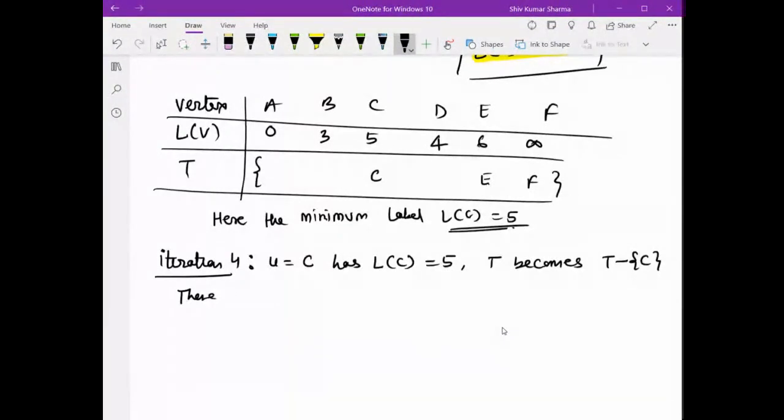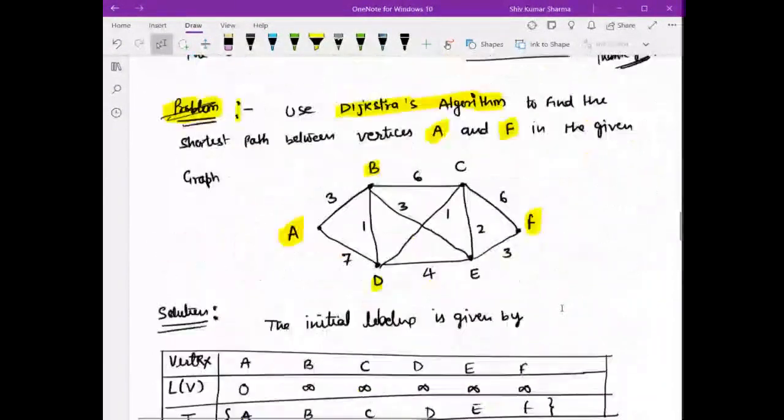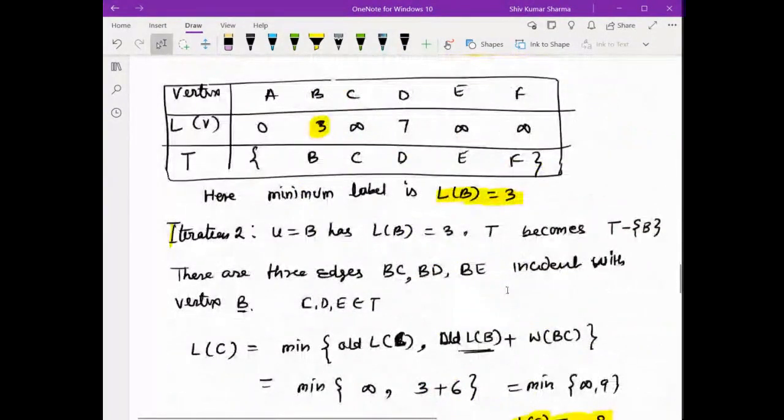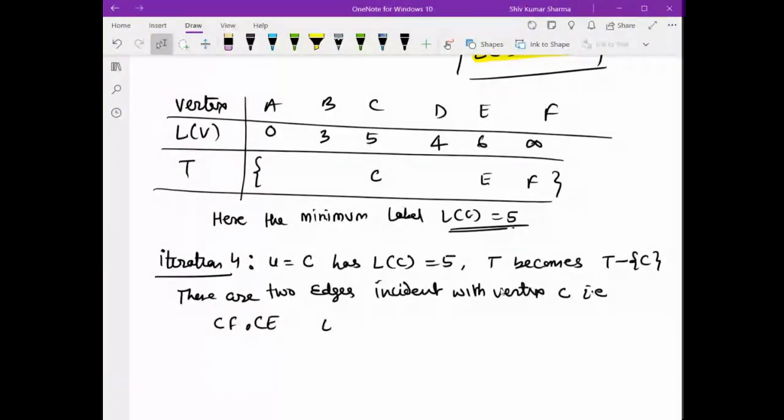How many edges are incident with C? That means C to E and C to F, because we gave the permanent level to vertex A, vertex B, and vertex C. So there are two edges incident with vertex C, that is CF and CE.